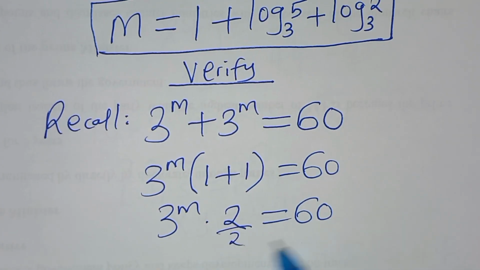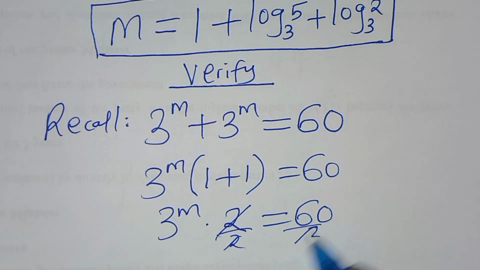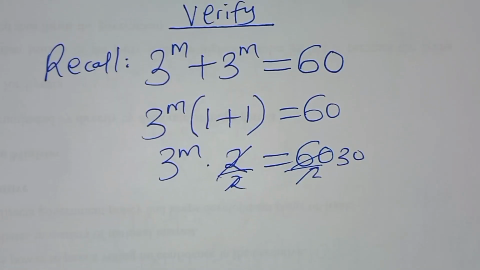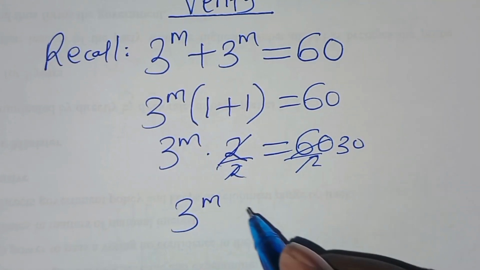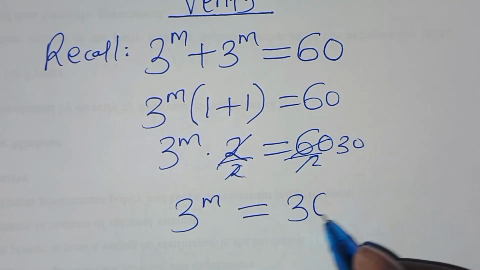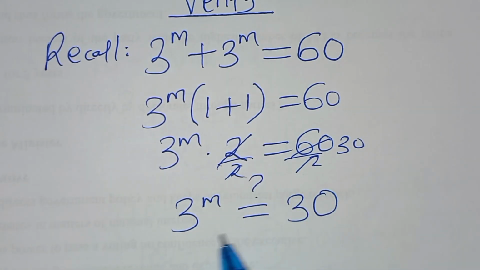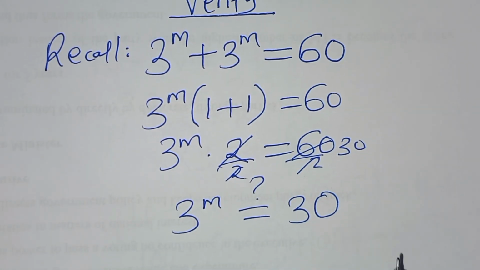Dividing here by 2, that implies that here we have 3 to power m. This is supposed to give us a value of 30. So let's check that 3 to power m is supposed to give us a value of 30.